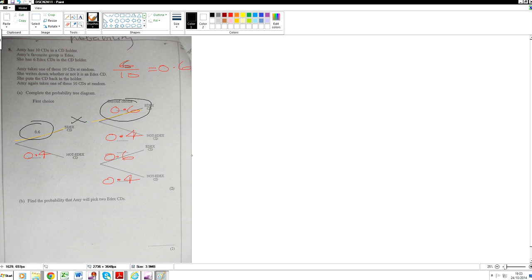The probability of edX and the probability of edX is 0.6 times 0.6, which is equal to 0.36. Is that the end of the examination question? Done? So we can write that answer down here. Done. Lovely.